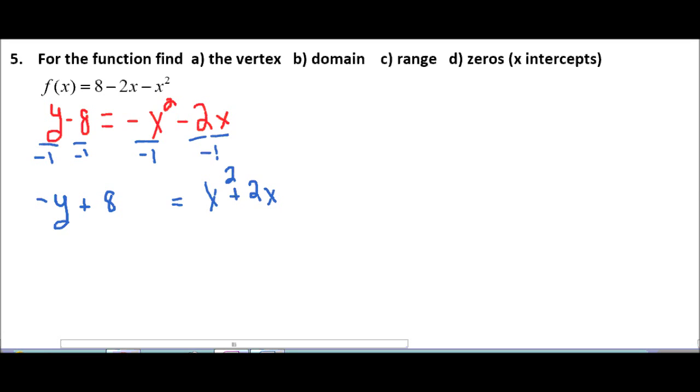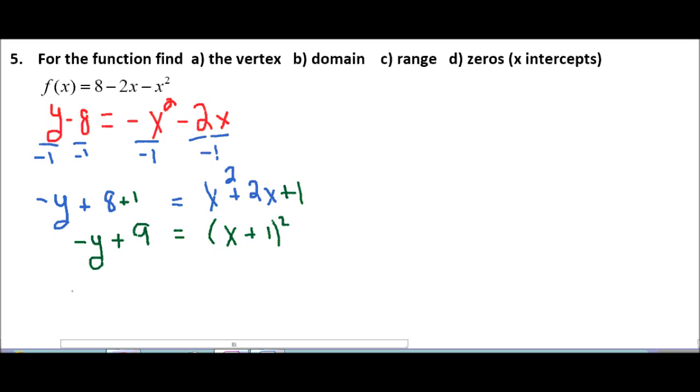All right, completing the square, take half of the number in front of the x, which is a 1, square it, 1, remembering to add it to both sides. So we have negative y plus 9 equals, and then I go ahead and factor this side, so it's x plus 1 squared.